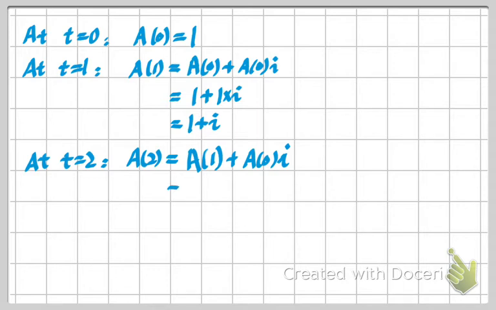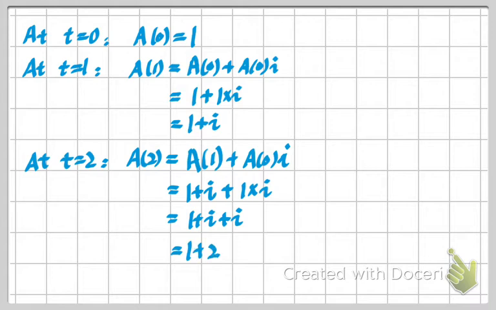So that's why here we will have 1 plus I, which is the value of our A1, plus A0 equal 1 times I. So in other words, this is 1 plus I plus I, so it's equal to 1 plus 2I. Or you can see this is I times 2.